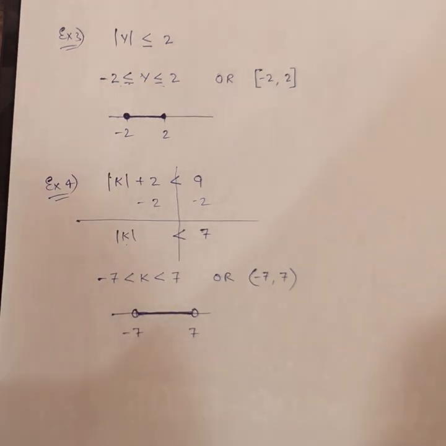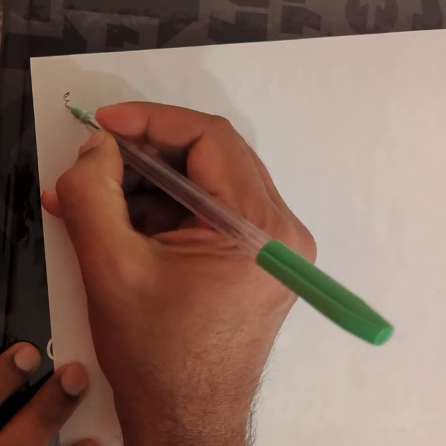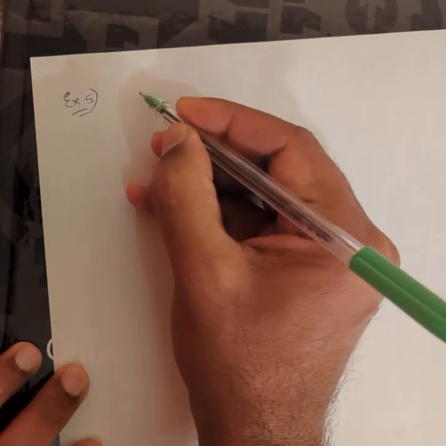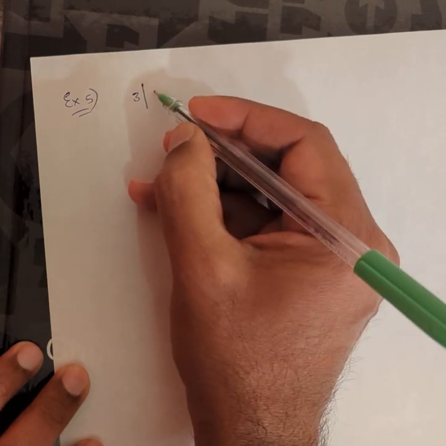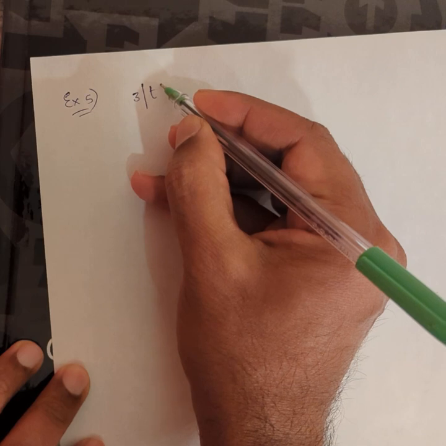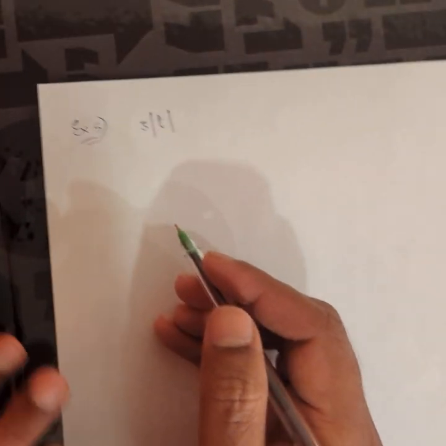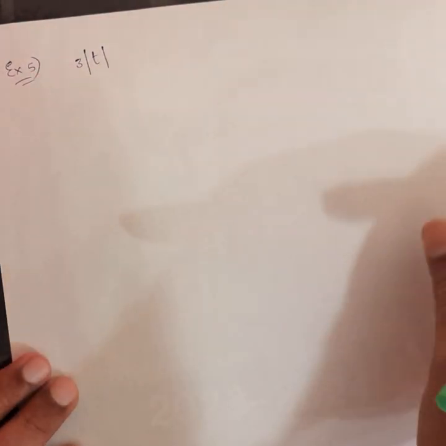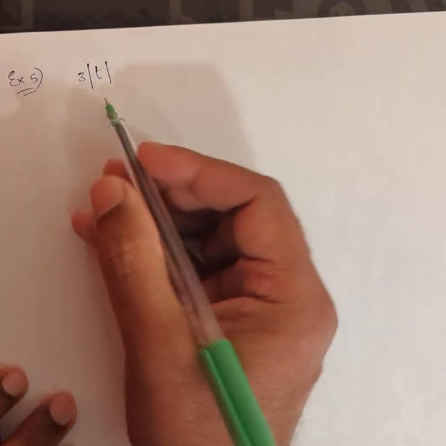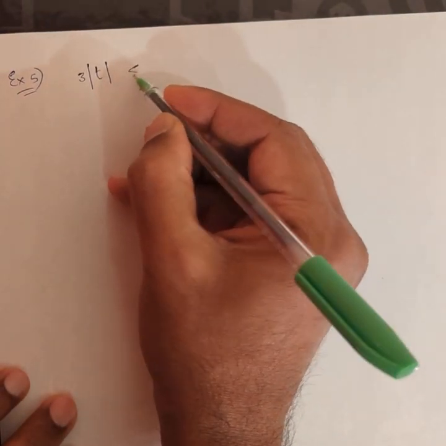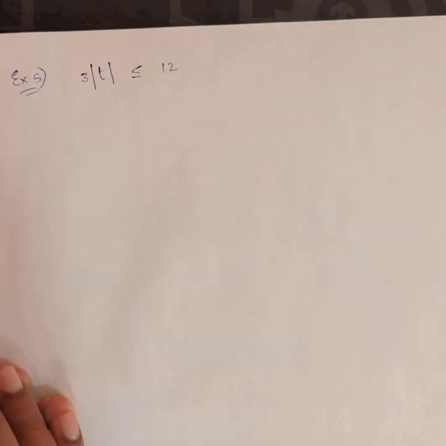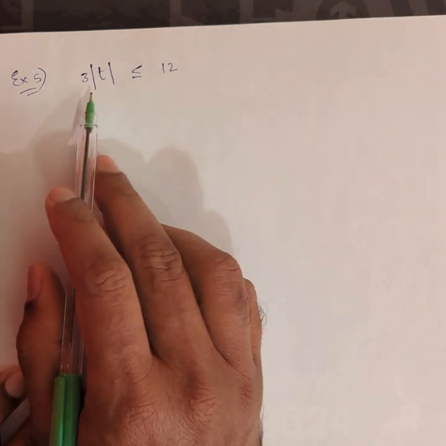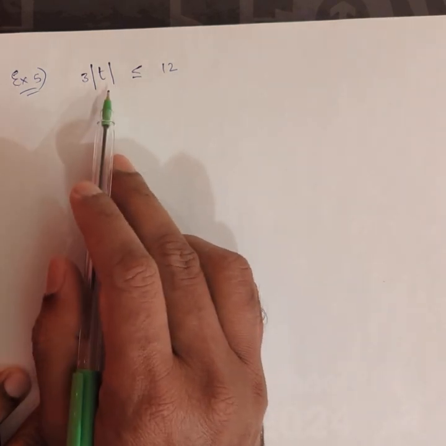All right, so let's look at one other example. This time, let's say 3 times the absolute value of, let's use t this time. I'm using different letters to show that it does not matter what letter we are using. Is less than or equal to 12. Now this time we have this 3 in front of the absolute value.